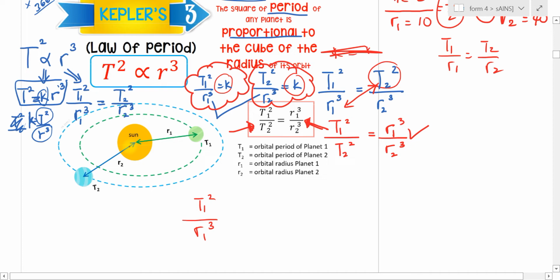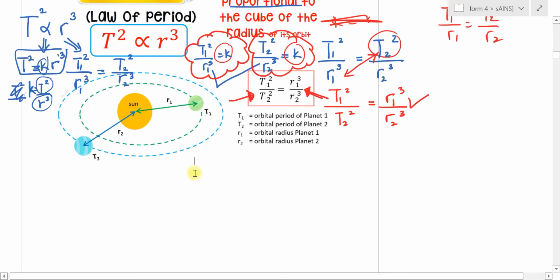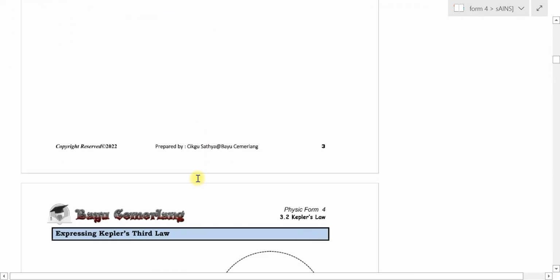If the radius increases, then the orbital period will also increase. If the radius is small, the orbital period is also small. It is like uniform. Okay, proportional. We try out certain things, then only we can understand this.